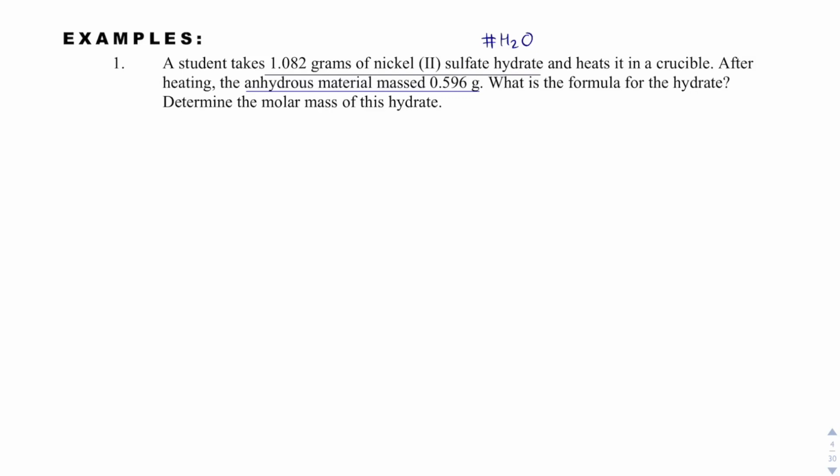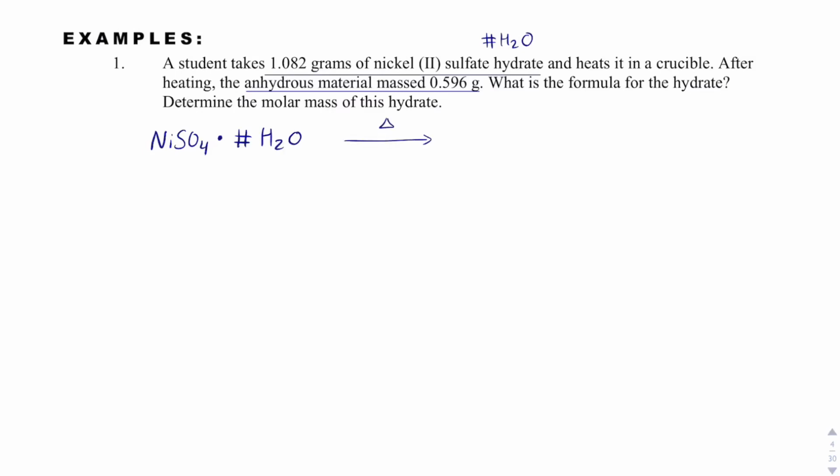So here's how I kind of organize any of these problems. I'm going to say we have nickel 2 sulfate, so that's NiSO4, and it's a hydrate, so we have some number of waters, and I don't know that number.